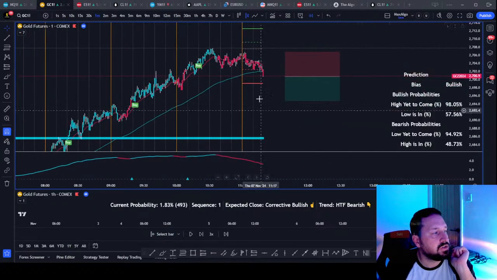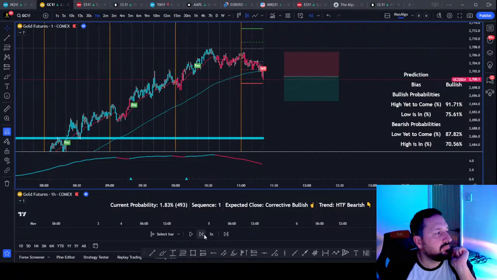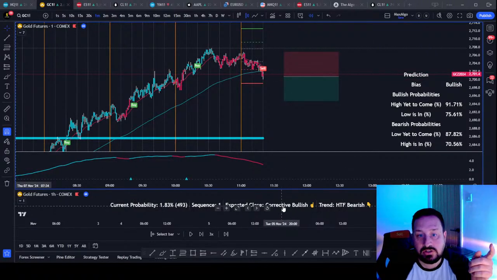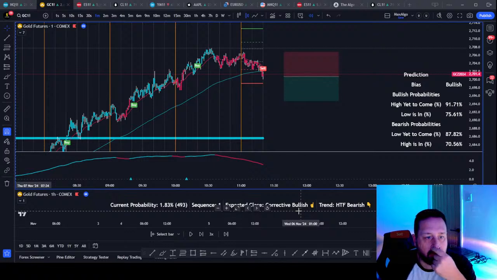Yes. So signal, that candle, corrective bullish, meaning we're predicting bullish. Of the 493, only 1.8% closed bullish. Therefore, yes.